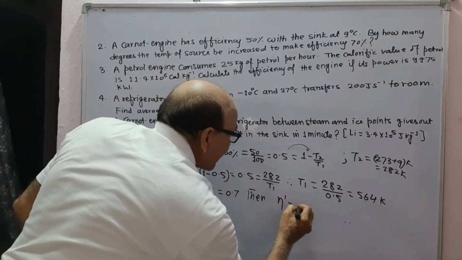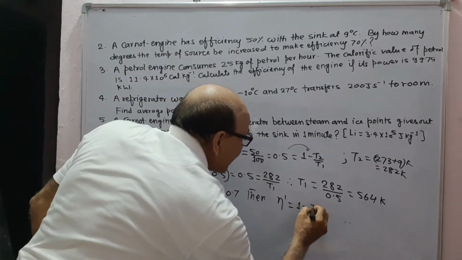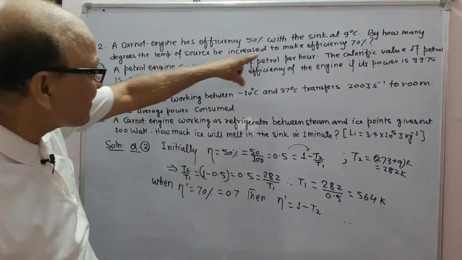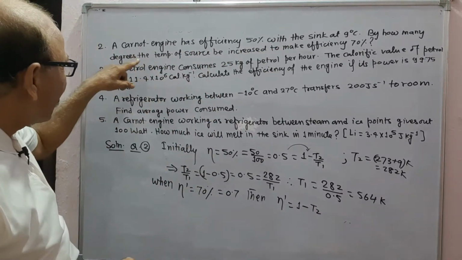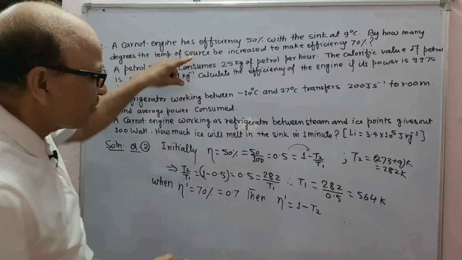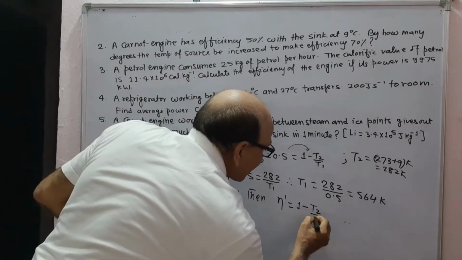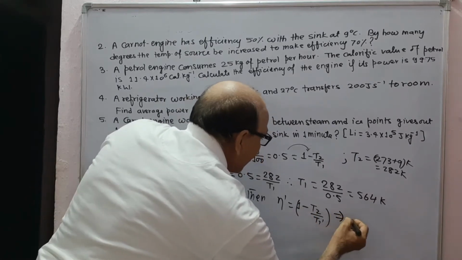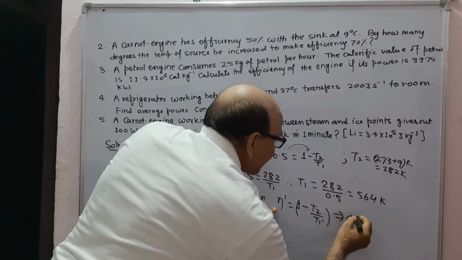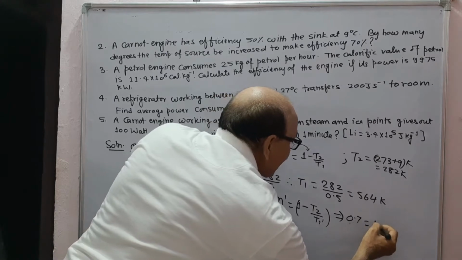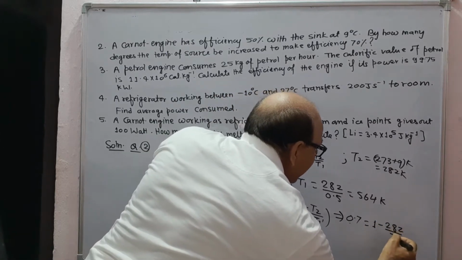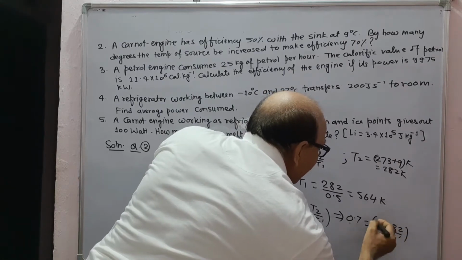Then eta dash will be equal to 1 minus T2, which is remaining constant. We have to change the source temperature. So suppose source temperature becomes T1 dash. So eta dash is 0.7. This is 1 minus 282 upon T1 dash.